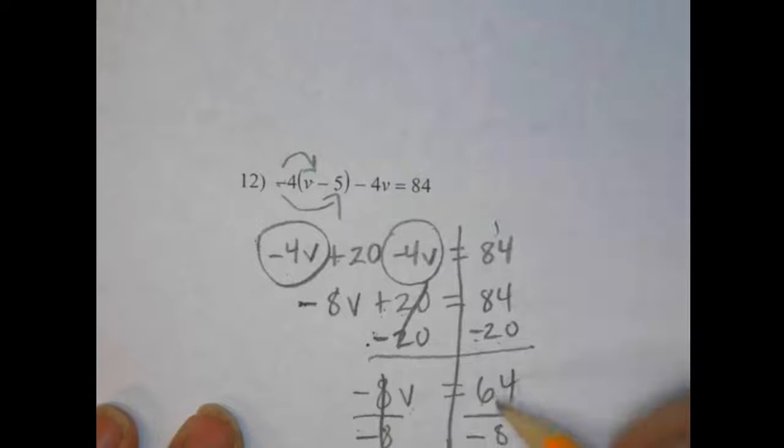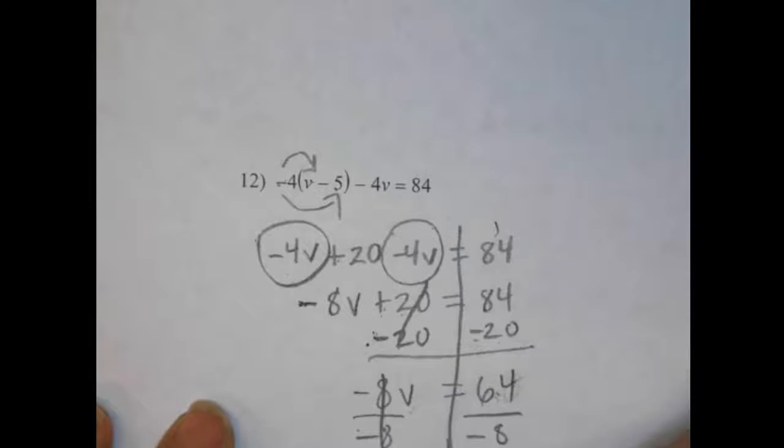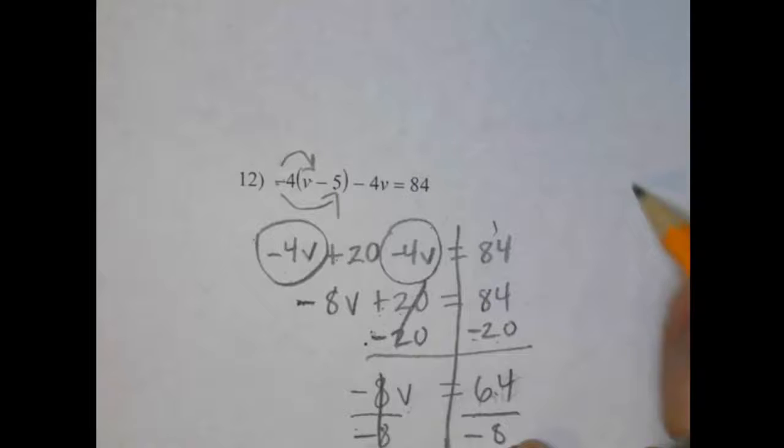Now I have a positive divided by a negative. What kind of answer am I going to get? We already know that 8 times 8 is what? 64. So 64 divided by 8 is negative 8. We good? Yeah, okay. And that's why I'm telling you guys, use that triangle, even if you're putting it up in pen or something, and then you're just erasing.